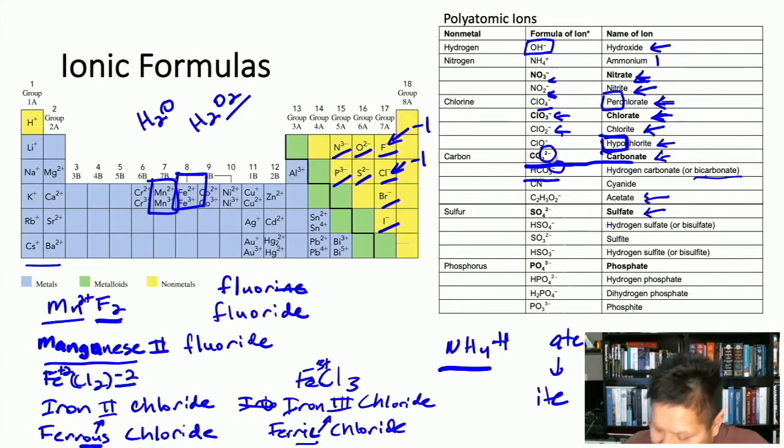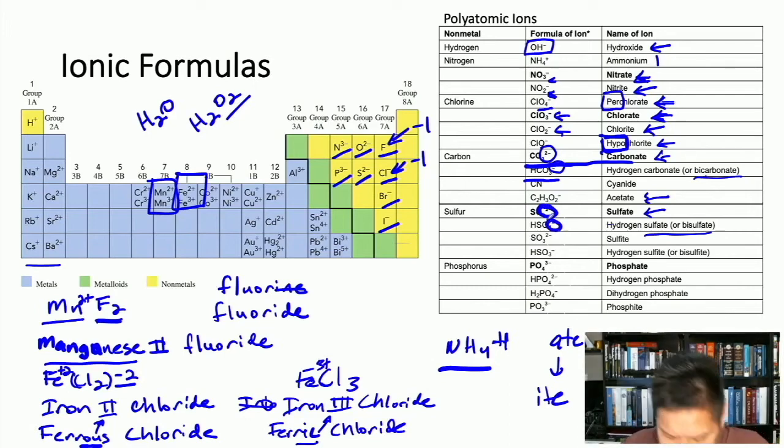We have that happening here also with the sulfate. Instead of a carbon as in the carbonate, it's sulfur this time, and we added an H to the sulfate ion, and it becomes hydrogen sulfate, or bisulfate. And notice that it went from having a 2 charge to a 1 charge after you added the hydrogen.